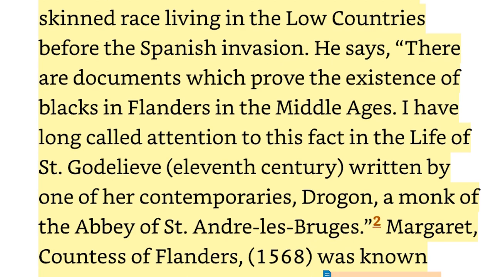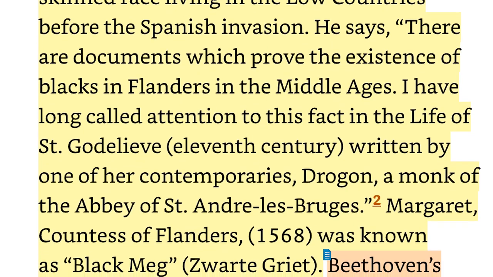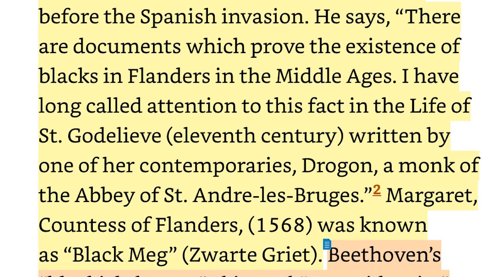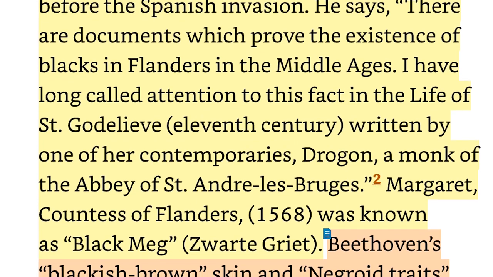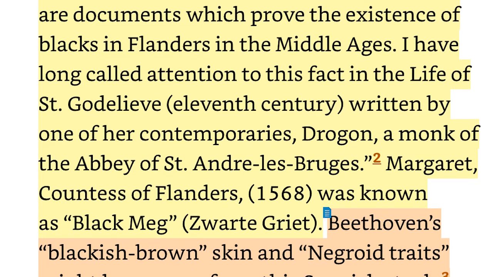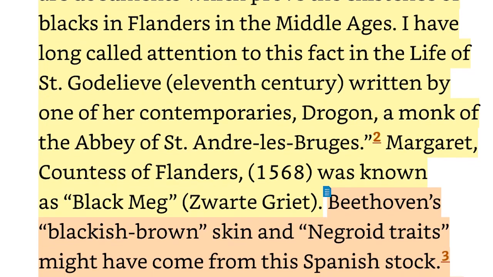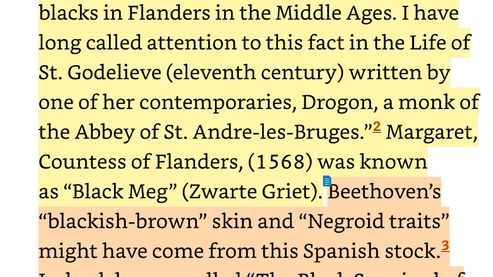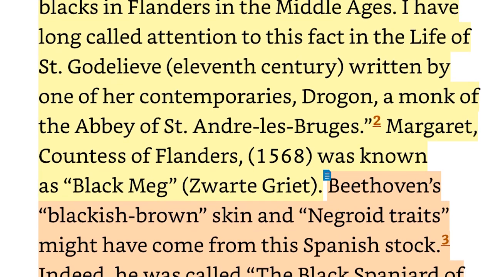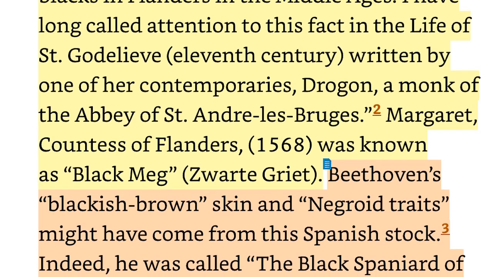I have long called attention to this fact in the life of Saint Godelieve, written by one of her contemporaries, Drogo, a monk of the Abbey of Saint Andre near Bruges. Margaret, Countess of Flanders, was known as Black Meg, Zwarte Griet.